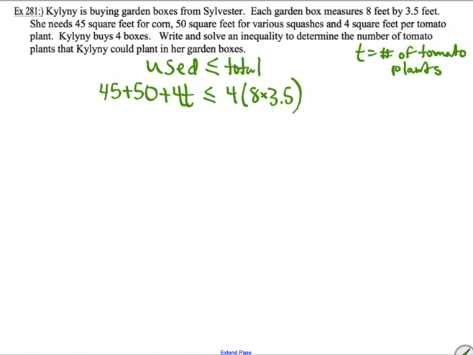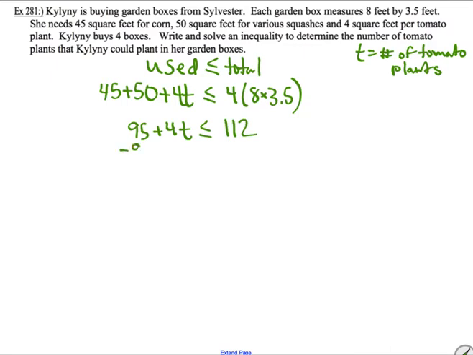This is the setup for figuring out how many tomato plants she can plant. 45 plus 50 is 95. 95 plus 4T has to be less than or equal to 4 times 8 times 3.5, and that is 112 square feet of garden box space she has.